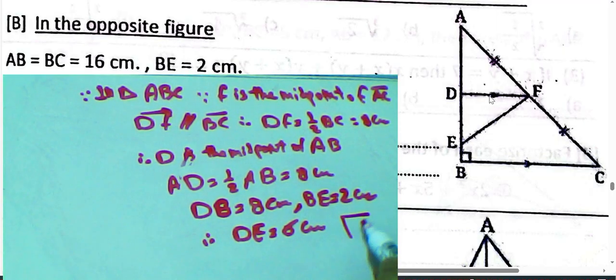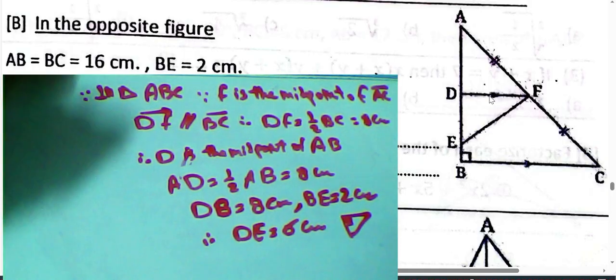Then we have a right angle triangle, because this angle will be a right angle also, because we have parallel lines. You have parallel here, then this angle is equivalent to angle D, we call it corresponding angles. Then the measure of angle D equals the measure of angle B equals 90 degrees, corresponding angles.